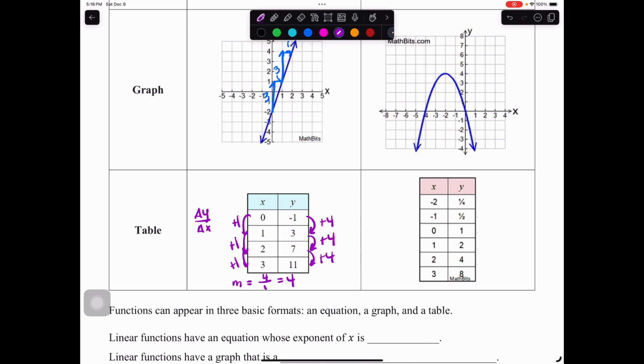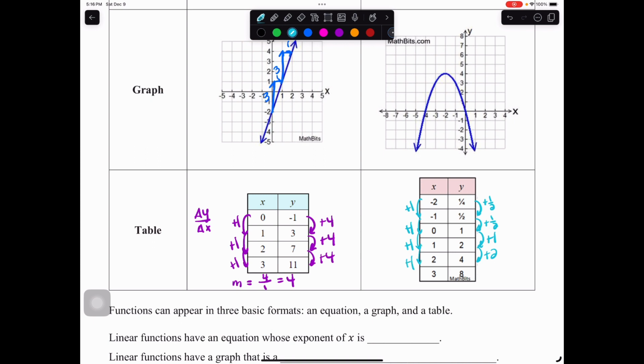When I take a look at the table on the non-example side, if I try to look for this plus or minus pattern, I see here we added 1/2 while we added 1. And then here we added 1/2 while we added 1. So far so good. But then I get to adding 1 and adding 1. But then here I'm adding 2 and adding 1.